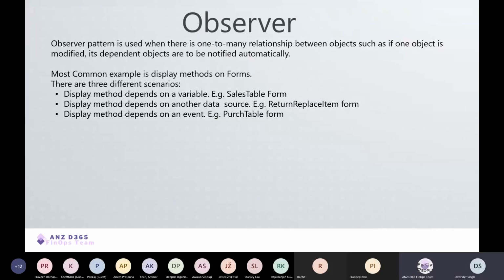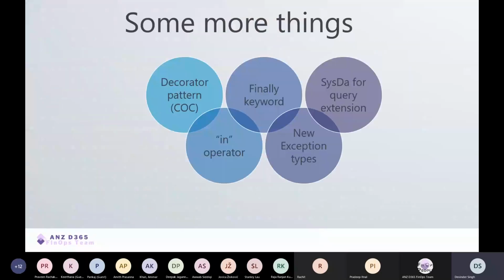There are so many things which we can do, but it's a very short duration. I can't go into too much detail on each and everything, but there are some more things in D365 that have changed from AX 2012 and really help in writing clean code. That's your decorator patterns, which are heavily used in COC or chain of command.